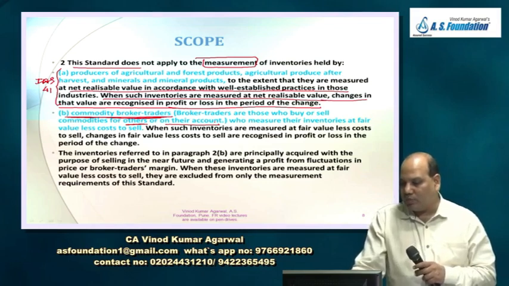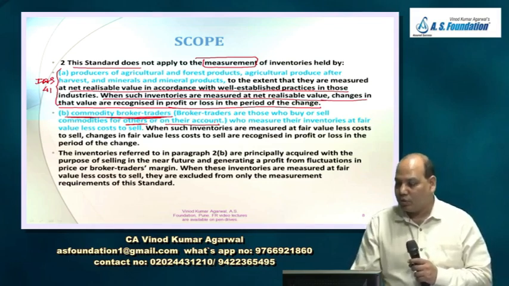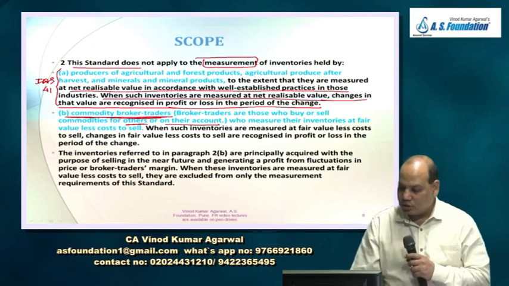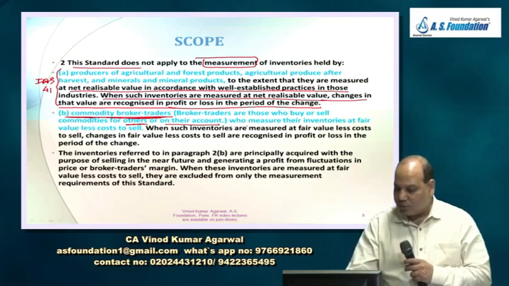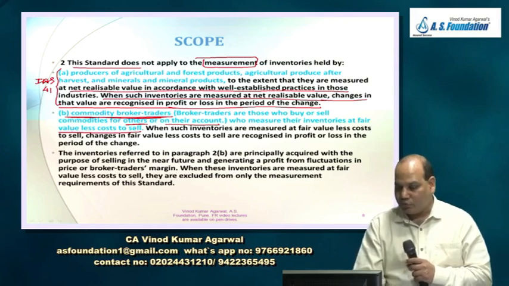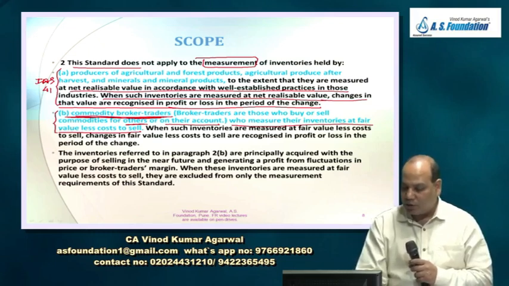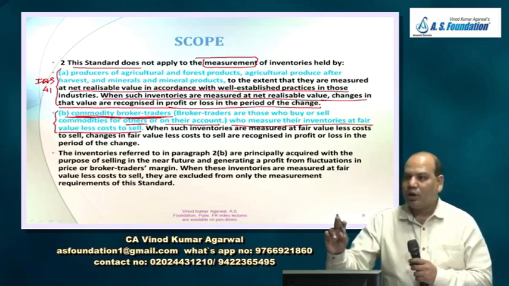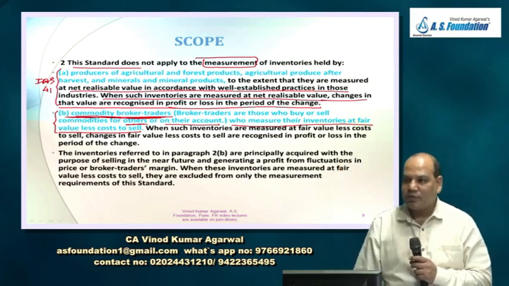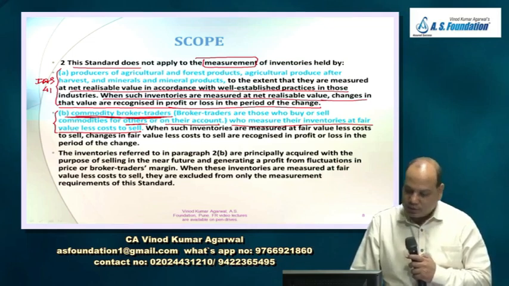So either they buy on behalf of others or they buy on their own account. And these people measure their inventories at fair value less cost to sell. So the standard is not applicable to commodity brokers who measure their inventory at fair value less cost to sell. They are allowed to follow this method as far as measurement is concerned. Which method? Fair value less cost to sell.